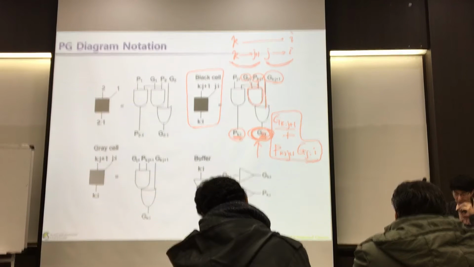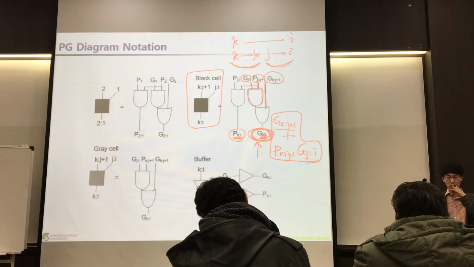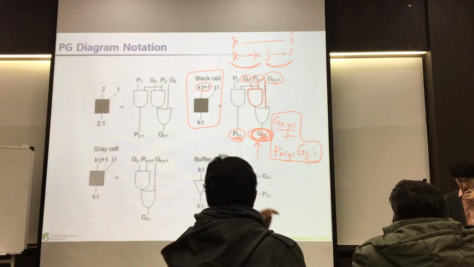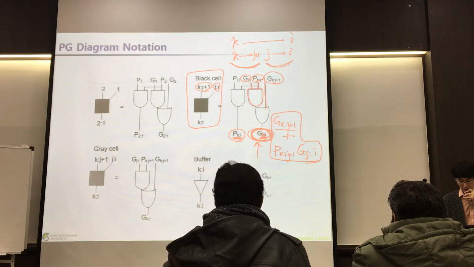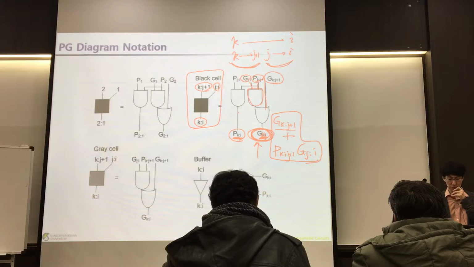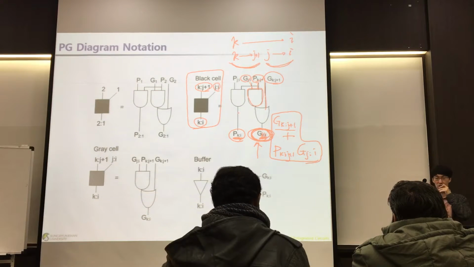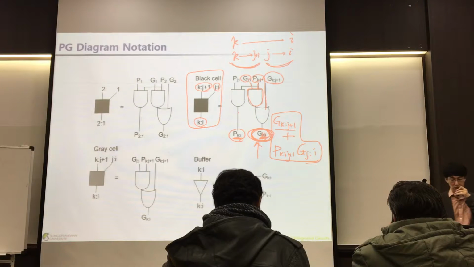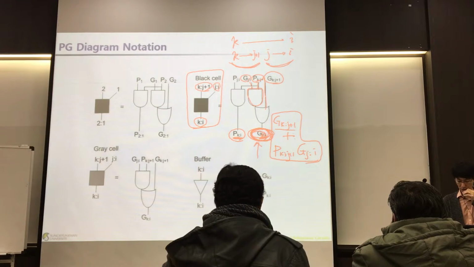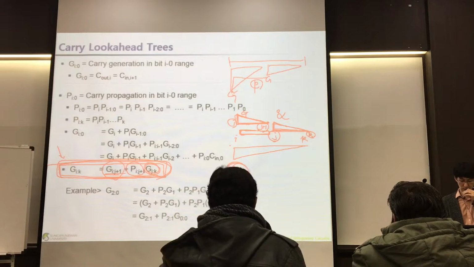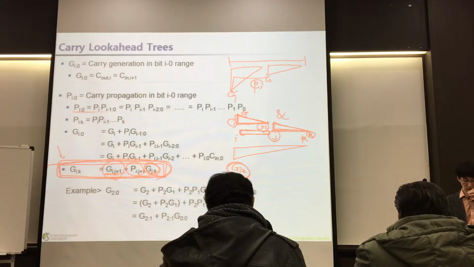So you calculate the generation condition for the wider range. Here, you basically take the P and G values for these two sub-ranges and then calculate the G and P condition for the wider range. So you are merging two different ranges. For G, you calculate this way, but for P, you just need to merge them, right?